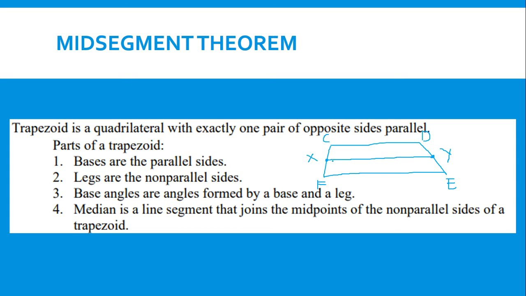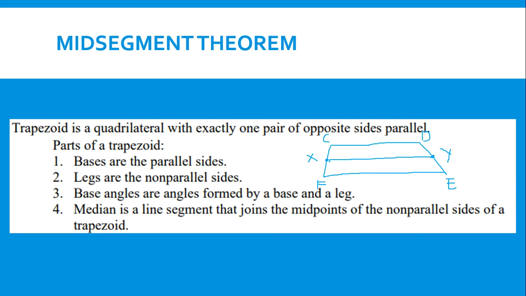The median XY, or the mid-segment XY, is formed at the middle of the trapezoid, and it divides the sides of the trapezoid into two equal parts.